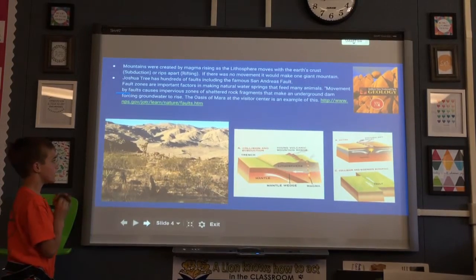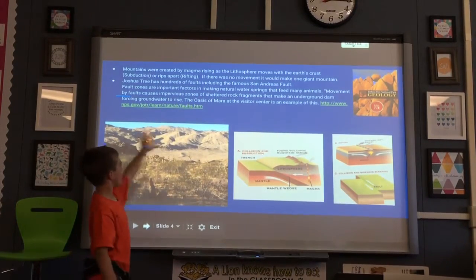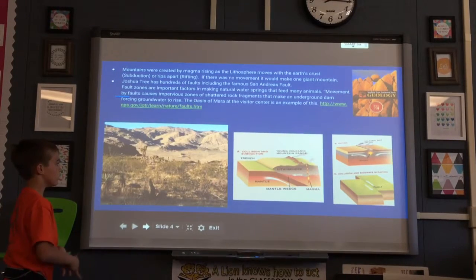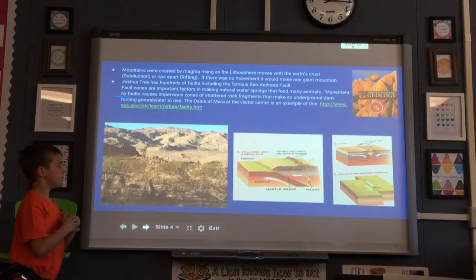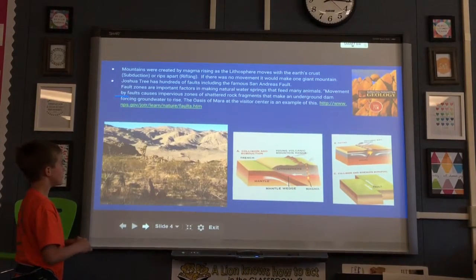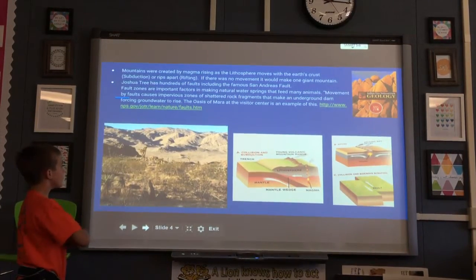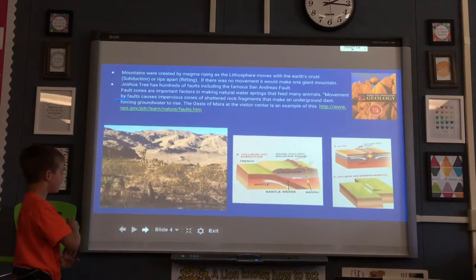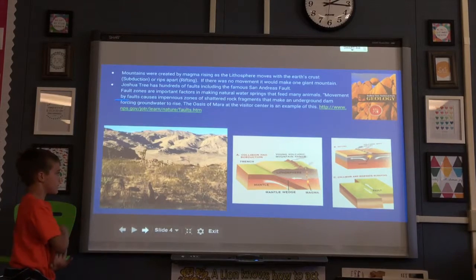If you guys are wondering how this back mountain range is formed, it's called lithosphere and mantle. The mantle is subducting under the lithosphere, which is the mountain range, and the mountain range would just be one big mountain if there was no movement in the Earth's crust.